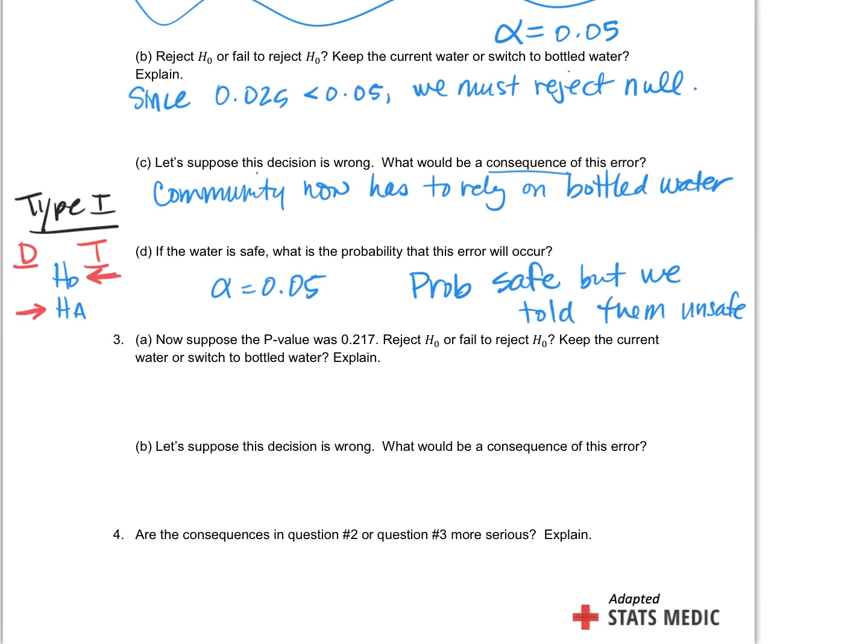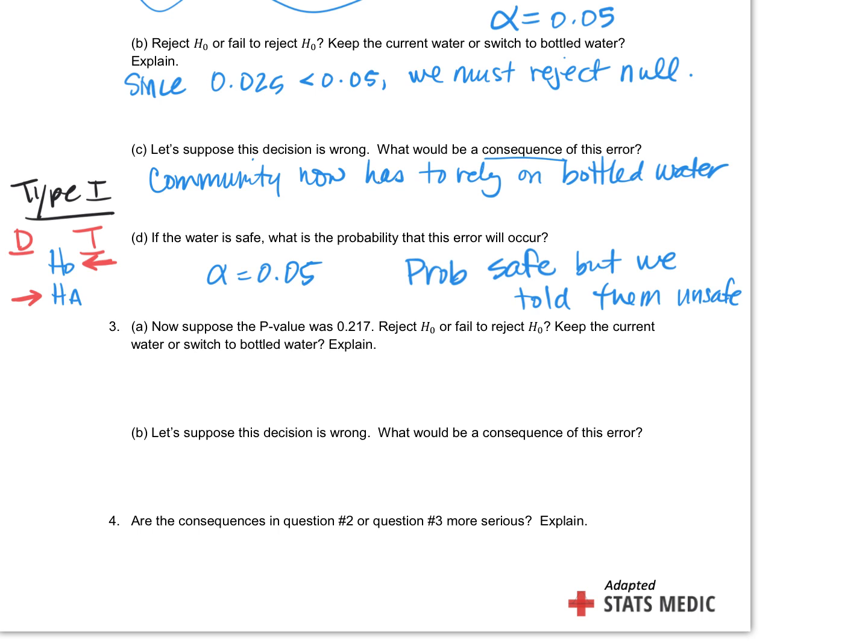Okay? Now, suppose we ran the test and the p-value is 0.217 instead. Would we reject or fail to reject in that scenario? Think about it. Our p-value is now 0.217 compared to 0.05. What would Snoop say?